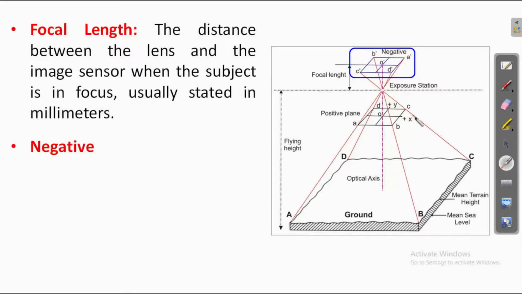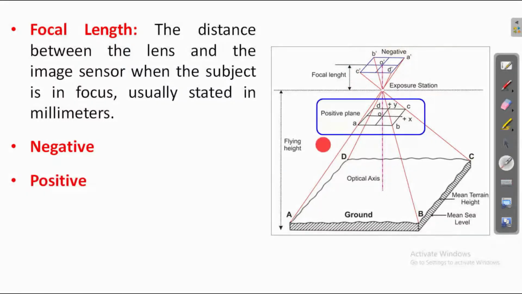So negative and positive are two important terms in photography. Positive is a normal image. Positive is a film or paper record of a scene that represents the color and illuminance of objects in that scene with the same color or luminance.